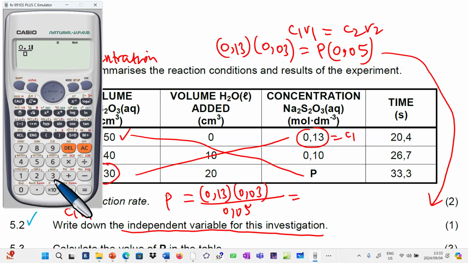0.13 times 0.03, divided by 0.05, so getting 0.078.